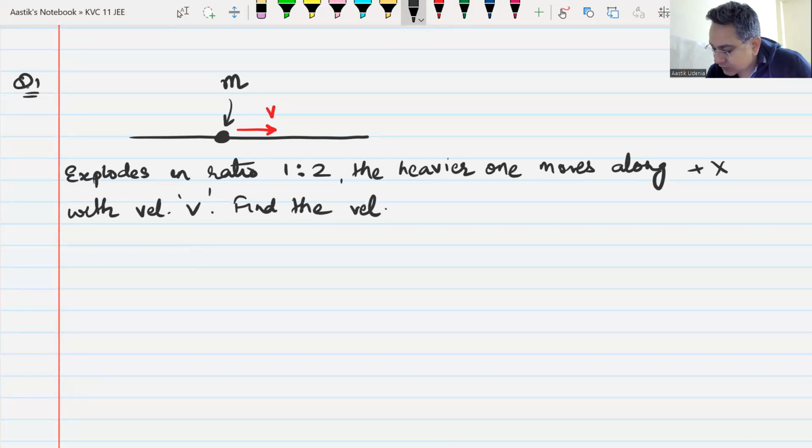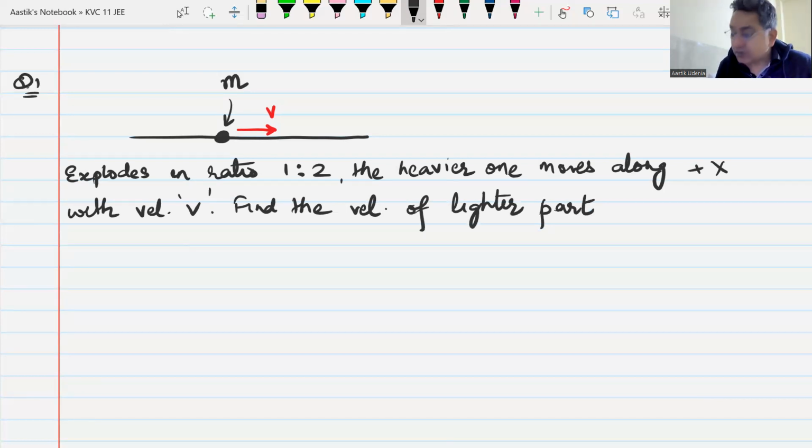Find the velocity of the lighter part. The bomb was initially at rest. It explodes into two parts. The heavier one is moving ahead along plus x with a velocity v. You have to find out the velocity of the lighter part. I'll give you 2 minutes to give me this answer.